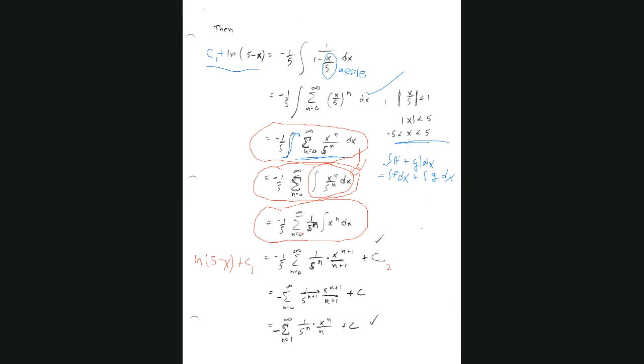So what's happening is you're going to have the sum of an infinite number of indefinite integrals. Every indefinite integral will produce a constant, but all those constants together I call C2. Are there any questions up to here?